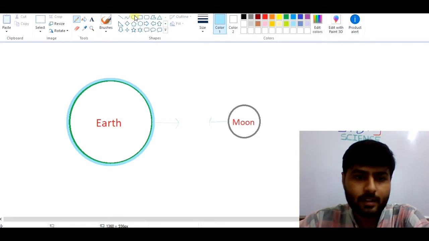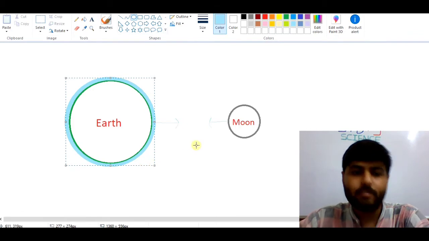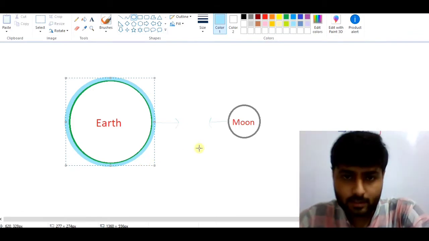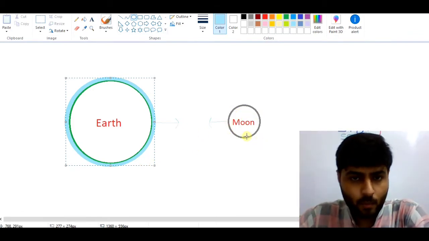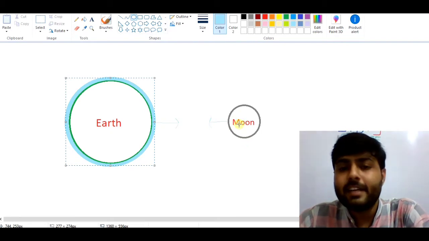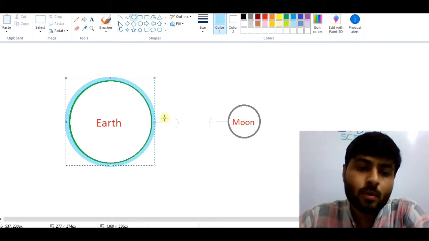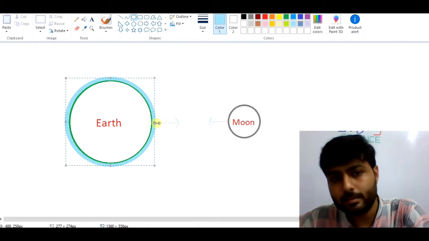Now what happened? Let's say this blue surface is water on earth. Here we have moon. So there is a gravitational force of moon on this earth's water.